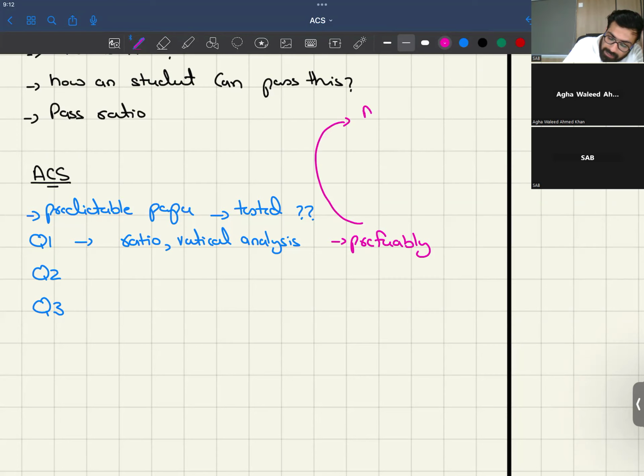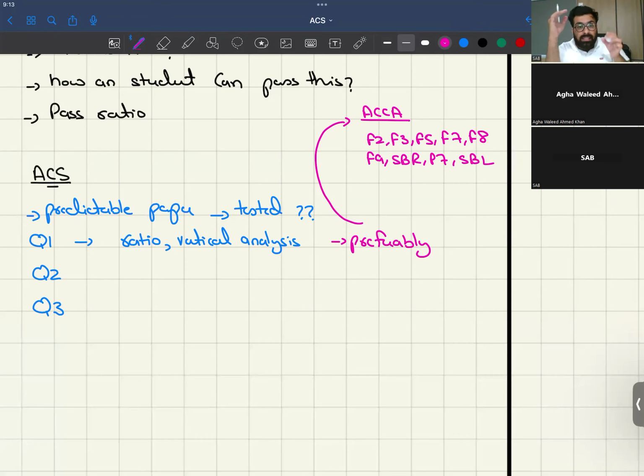For example, in ACCA we have done this in F2, F3, F5, F7, F8. In fact, in audit you also do that. F9, then we have SBR, then P7, then somewhere SBL. So this is a requirement that has been done throughout your accounting journey.